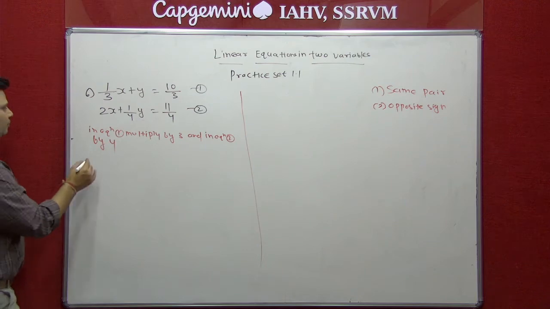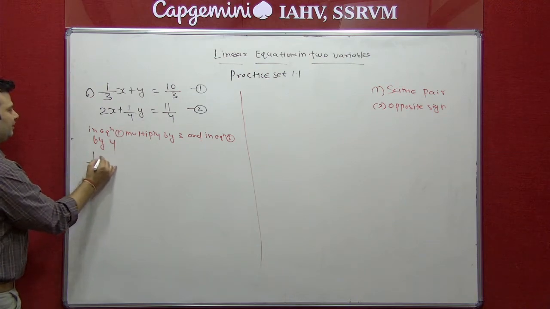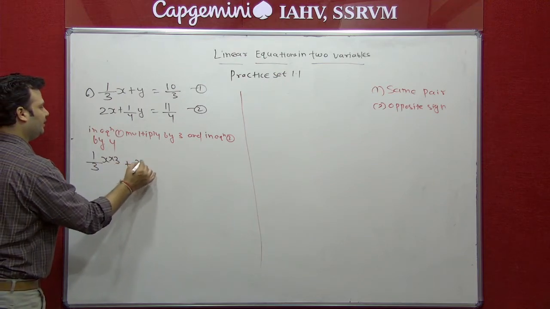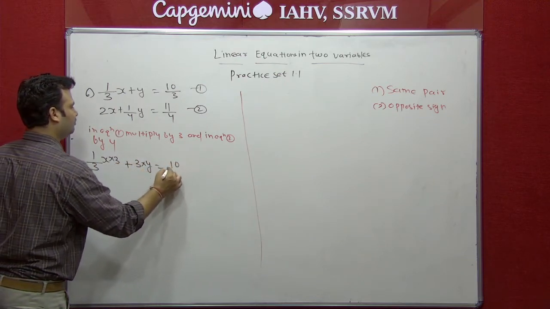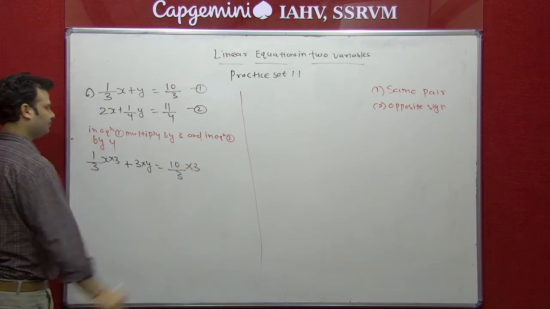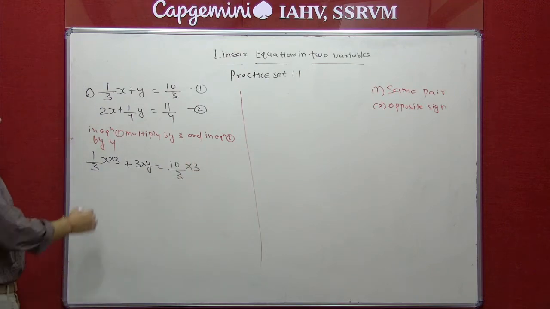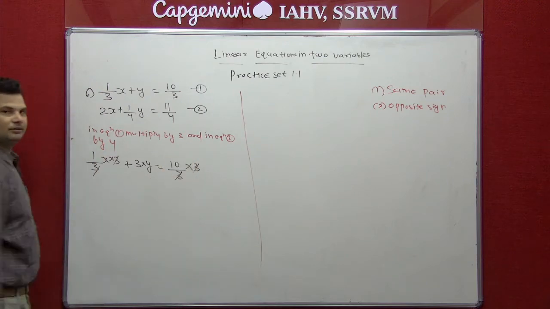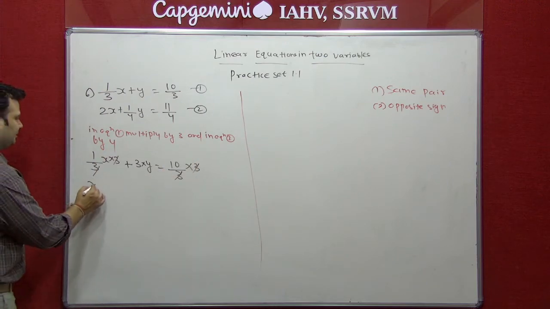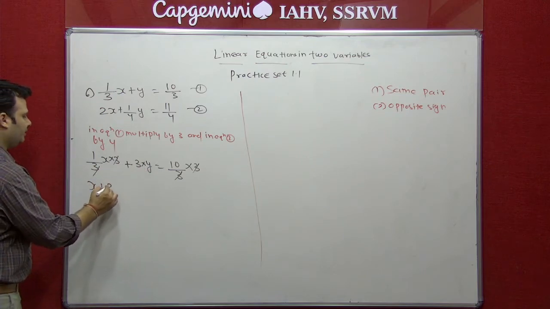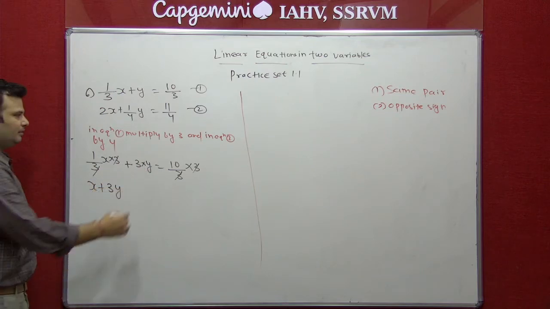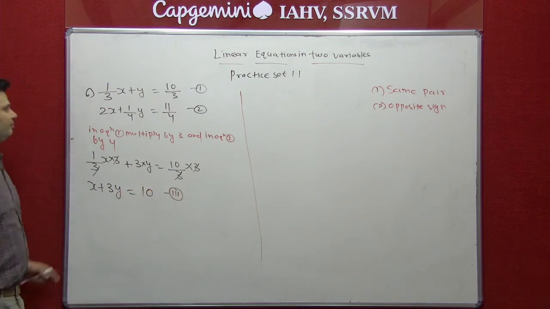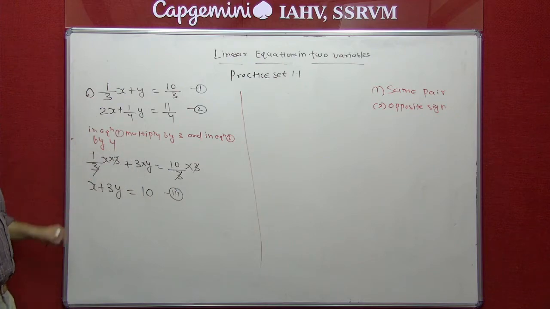So in equation number 1, 1 upon 3 x into 3 plus 3 into y equal to 10 upon 3 into 3. So 3 and 3 get cancelled, 3 and 3 get cancelled. So we'll get x plus 3y equal to 10. This is equation number 3. Similarly, in equation number 2, we multiply by 4.